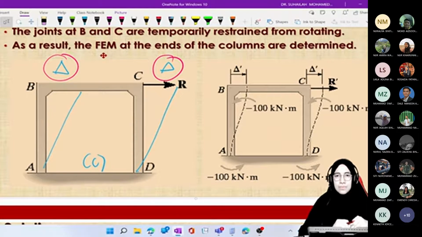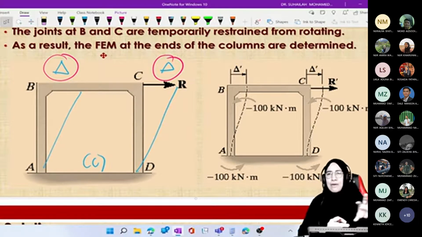How are we going to determine FEM when we do not know the delta? We cannot calculate FEM for diagram C due to the unknown delta.